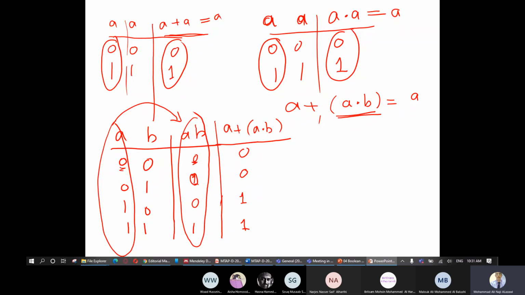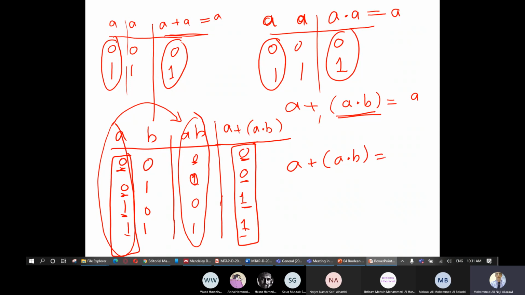Now, if you compare this result with A, which is 0, 0, 1, 1, that means A plus A dot B equals A, correct? It's not equal to B, it's equal to A because it's identical.